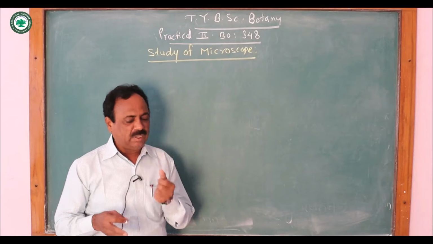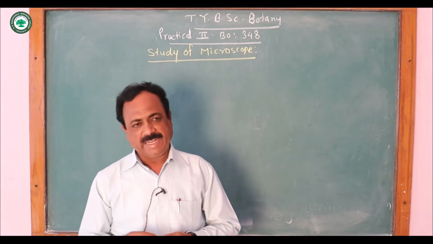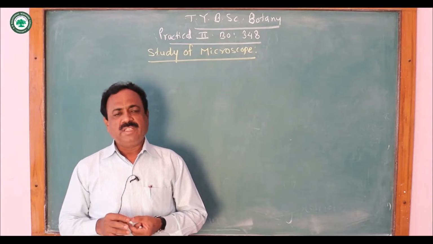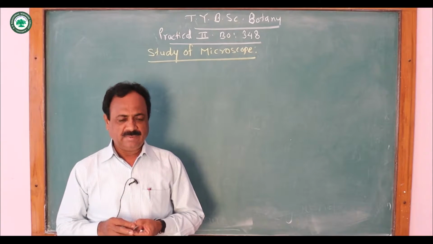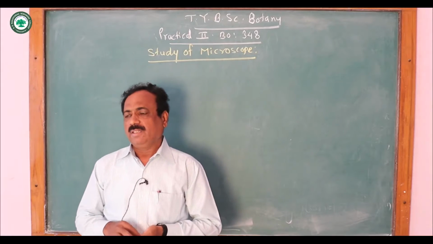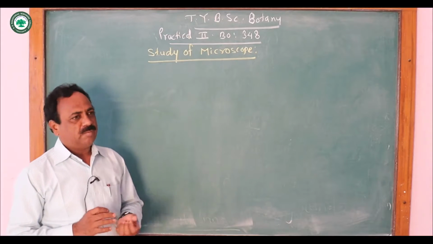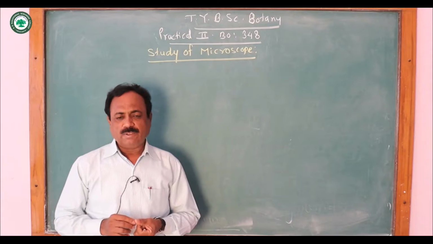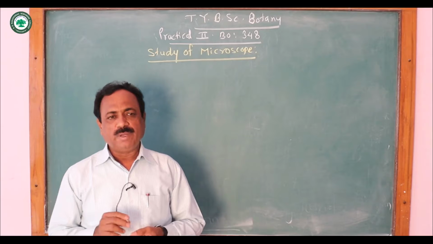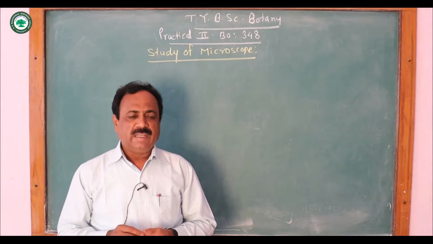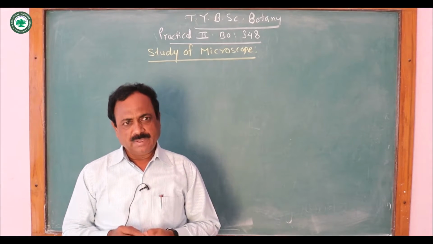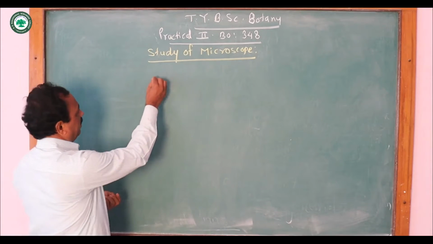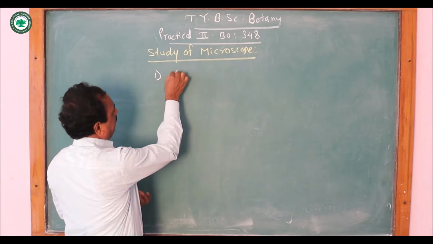Before that, when we are going to do any type of practical in the botanical laboratory, the microscope is very important equipment. Each and everyone should be familiar with this microscope. There are so many types of microscopes commonly used. The first is the dissecting microscope.